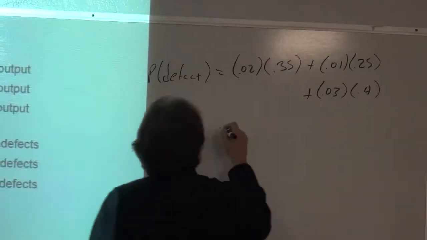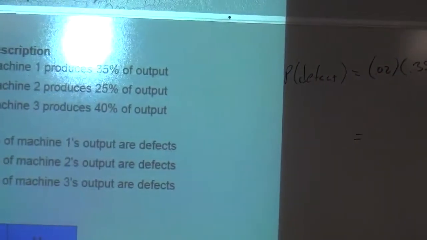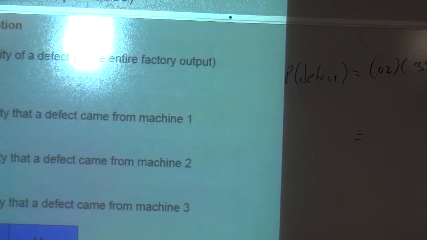And then when you go through all that arithmetic, you get the result, which was 0.02, I think? 0.0215.